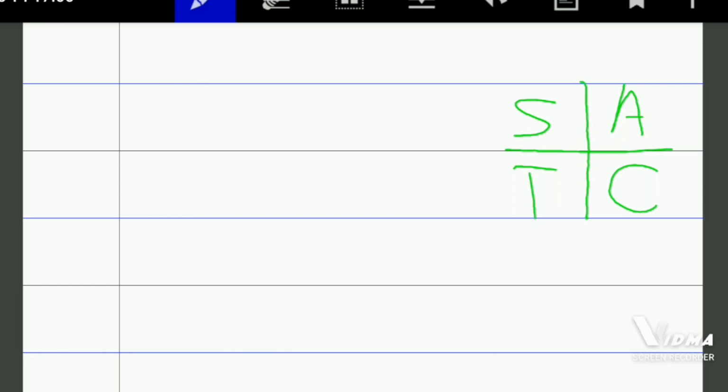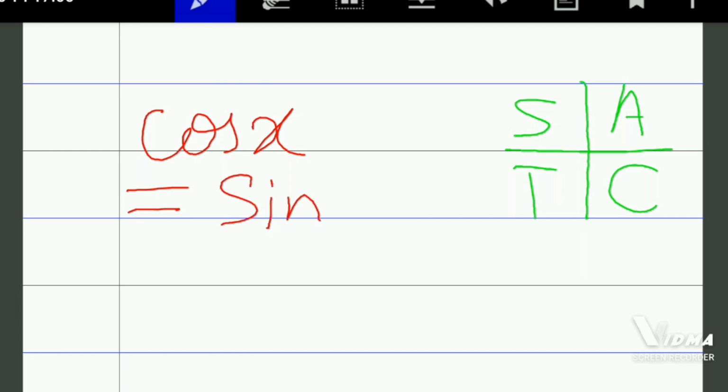Now, as we know, according to trigonometry, the cos x can be converted into sin of pi by 2 minus x.